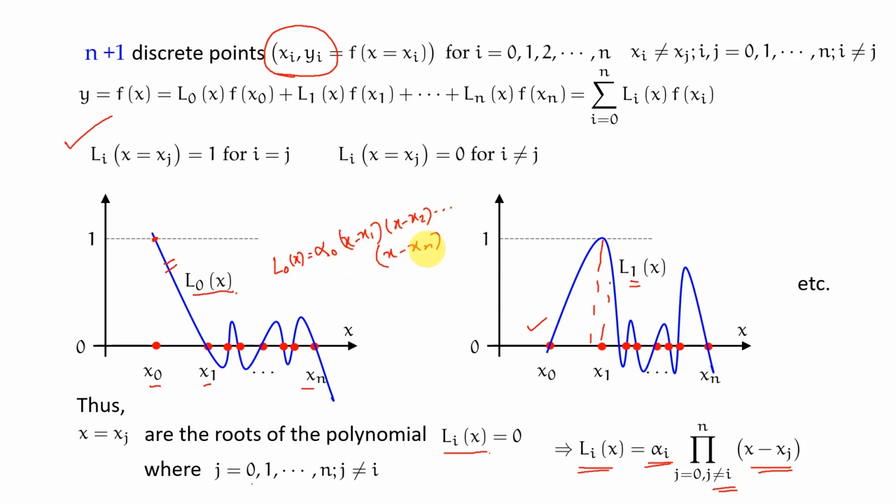Because x1, x2, etc. are roots of this L naught x, I can write L naught x in this manner. And also, I want to emphasize here that L naught x does not have any other roots. These are the only roots it may have, because if I multiply all these brackets, I get x to the power n, and I know that the degree of these basis function polynomials cannot be greater than n. So these are the only roots that L naught x will have.